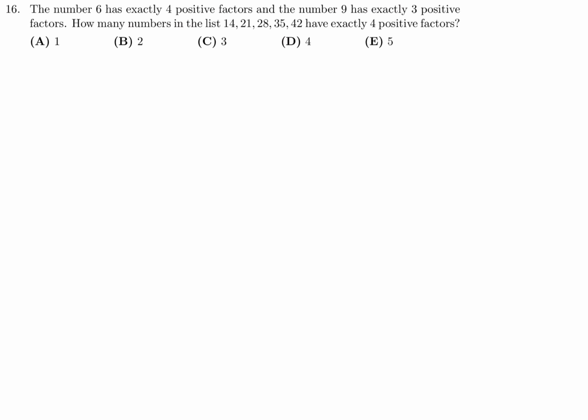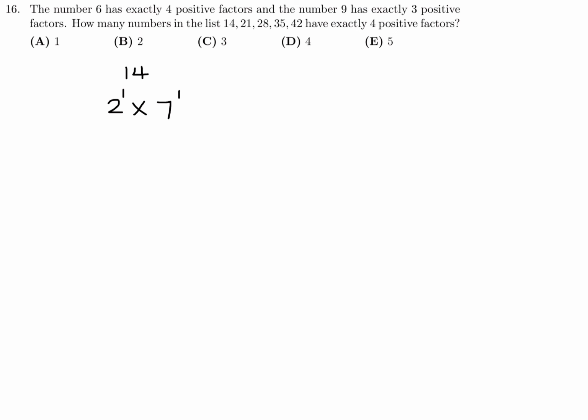The number 6 has exactly 4 positive factors, and the number 9 has exactly 3 positive factors. How many of the numbers in the list 14, 21, 28, 35, 42 have exactly 4 positive factors? There is a trick or rule, whatever you want to call it. If you take a number like 14, for example, and you break it into its prime factors, the number of factors will be calculated as follows.